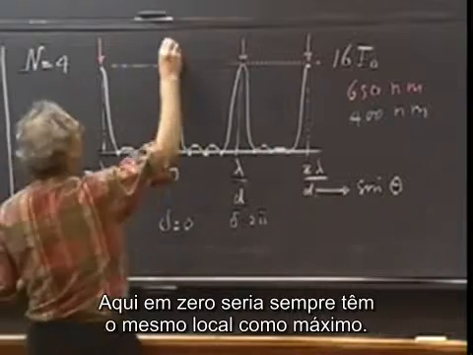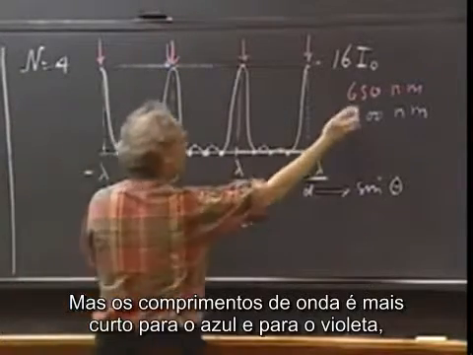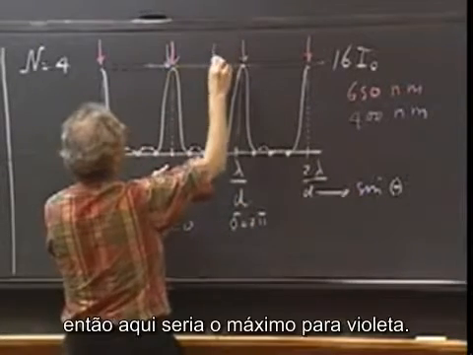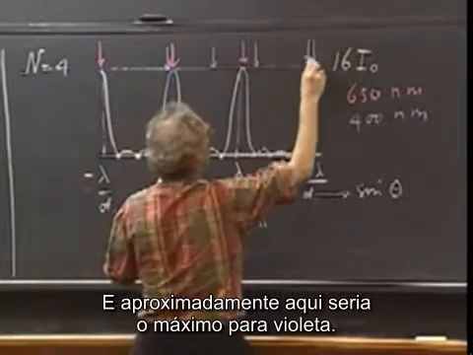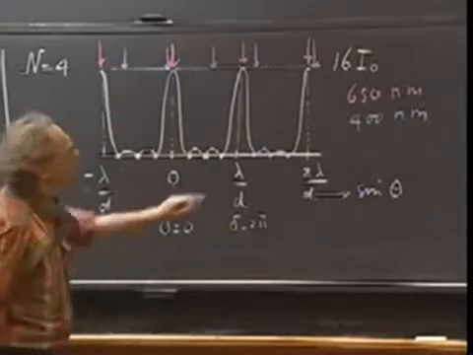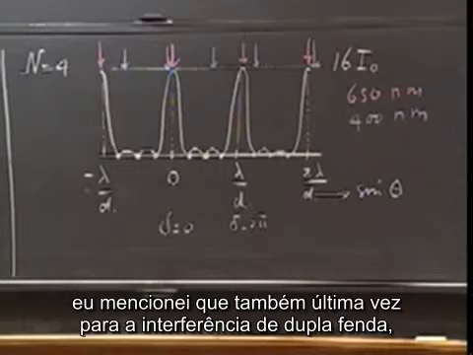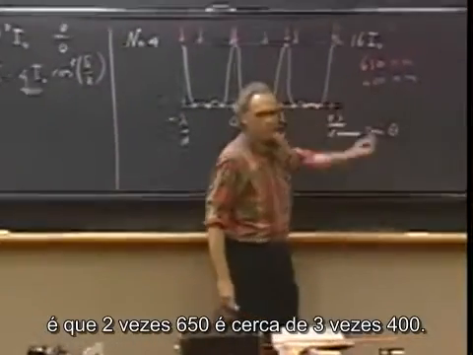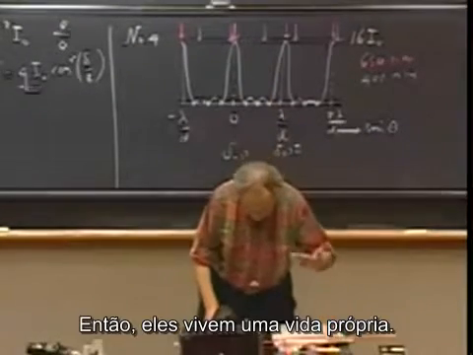Here at 0, it would always have the same location, its maximum, but the wavelength is shorter for violet, so here would be the maximum for violet, here would be the maximum for violet, and roughly here, and roughly here. The reason why the red and the blue there almost coincide, I mentioned that also last time for the double slit interference, is that 2 times 650 is roughly 3 times 400. So they live a life of their own.